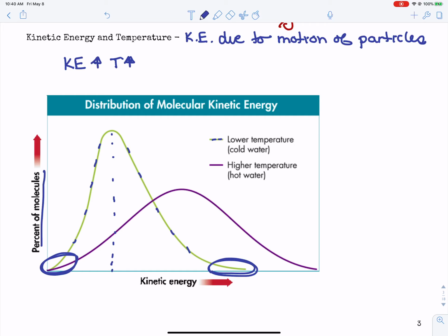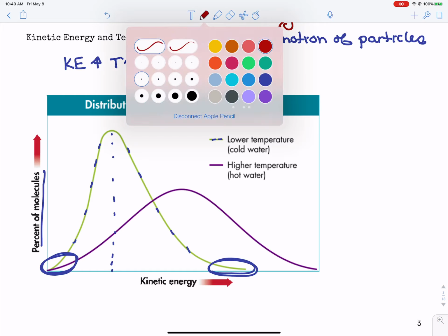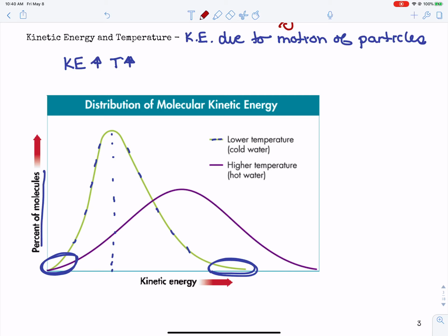And then if you look at what happens when I increase the temperature, the peak changes, and even in hot water, yes, more molecules have a lot more energy, but some molecules still have very little kinetic energy.